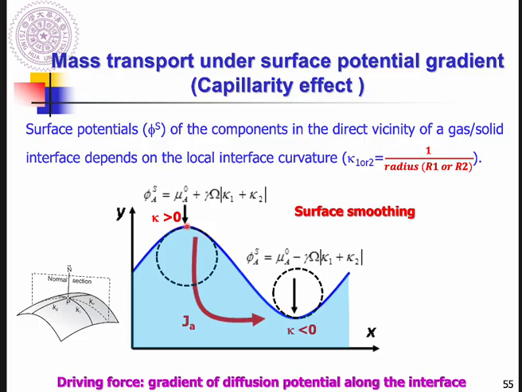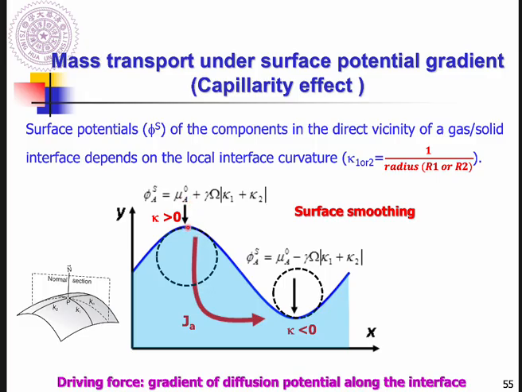So how exactly is the surface potential expressed? If I have atoms at what we call a convex region, the protruding part, then its surface potential can be written as mu A0, the chemical potential of atom A on the flat surface in pure A material.